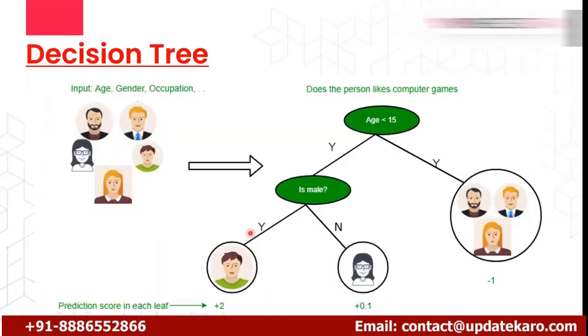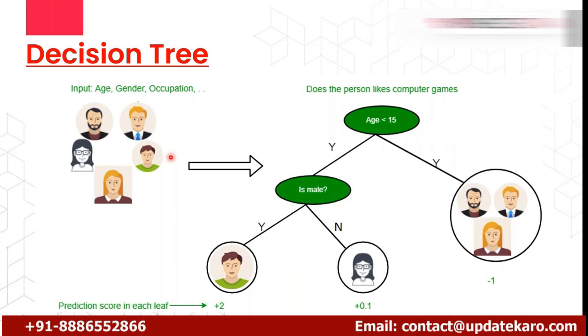The decision tree is yet another classification algorithm. We can use the decision tree for classification as well as for regression. This is somewhat similar, I can say, but the approach is different.